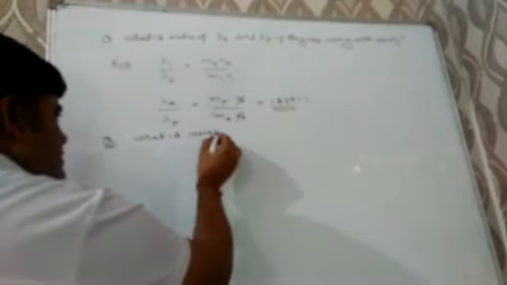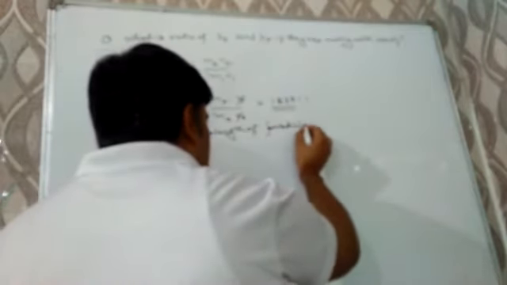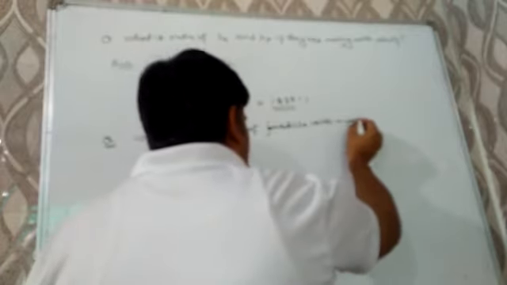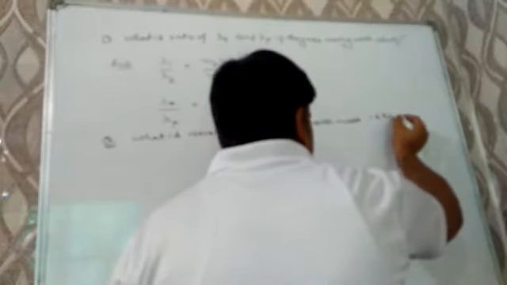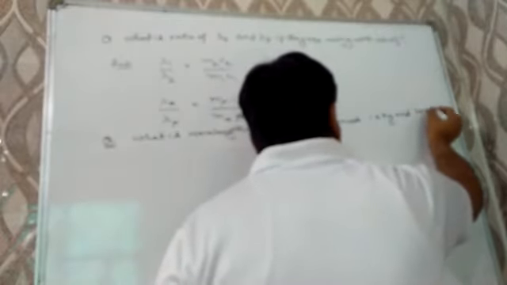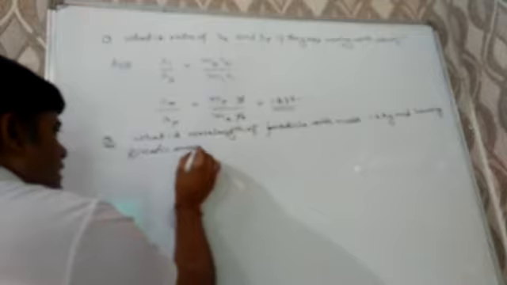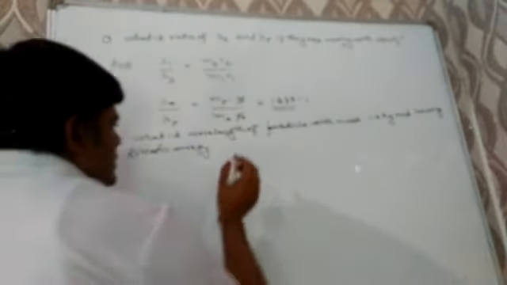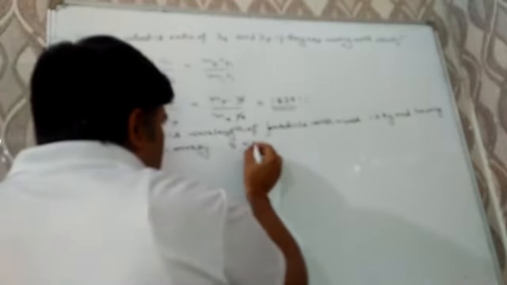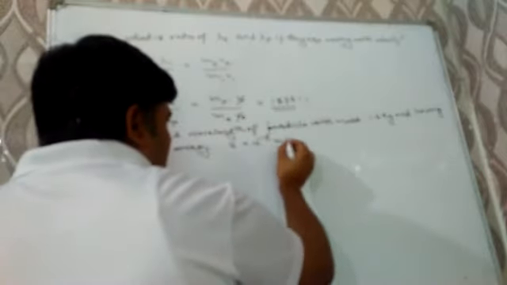Next numerical I am taking. What is the wavelength of a particle with mass 1.6 kilogram and having kinetic energy 8 into 10 to the power minus 18 joule?